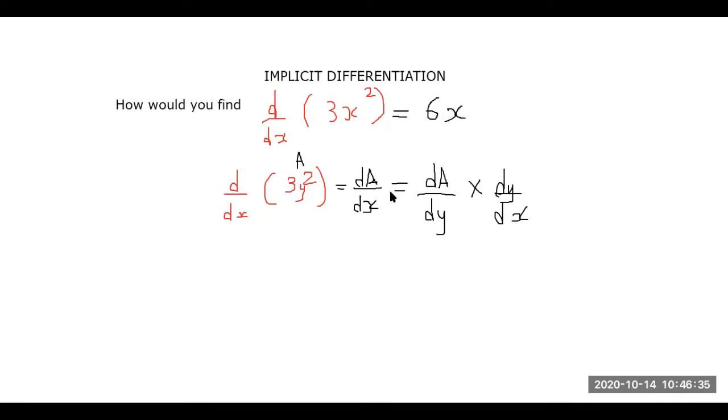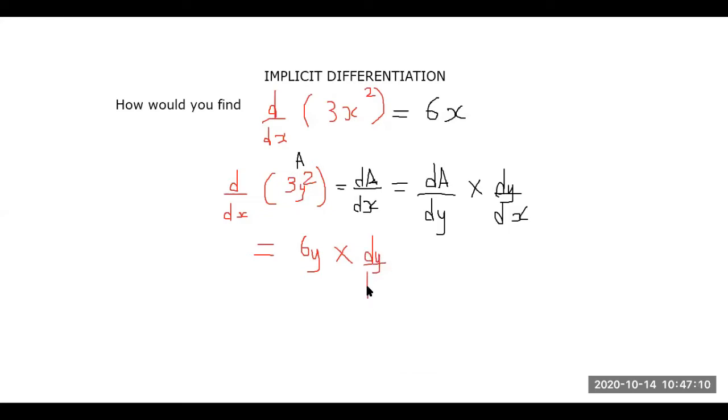And so we can differentiate A with respect to x by finding dA by dy and then multiplying the result by dy by dx. So d by dx of 3y squared would be equal to differentiating 3y squared with respect to y, which gives 6y, times dy by dx.